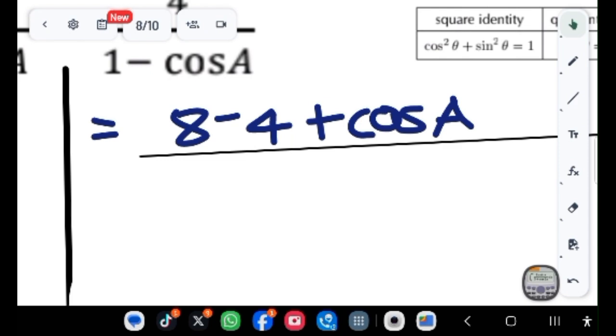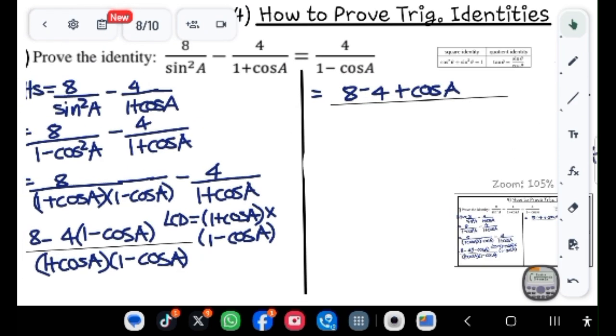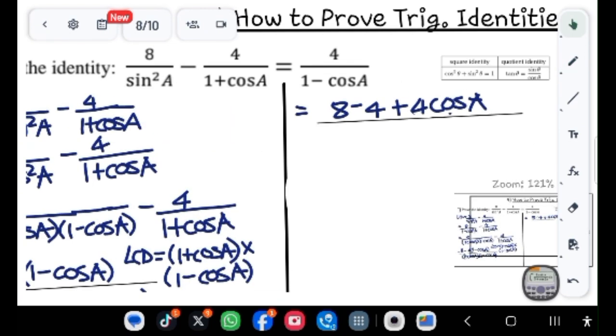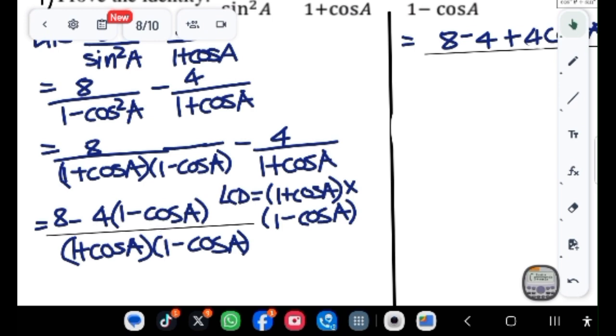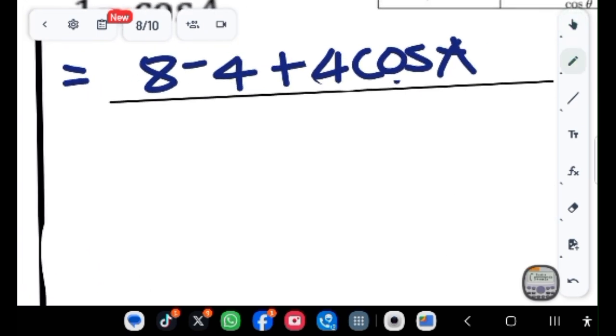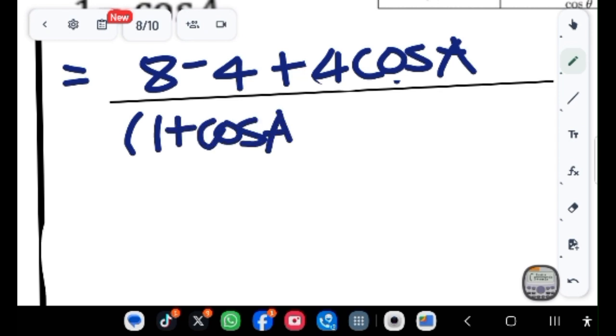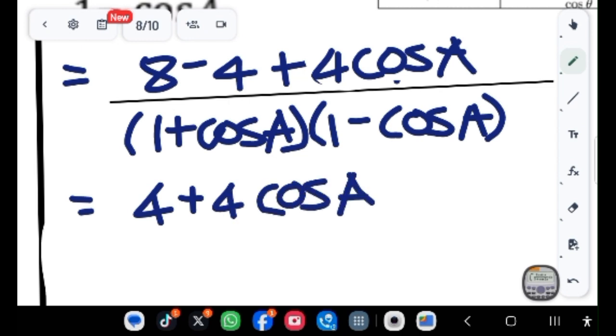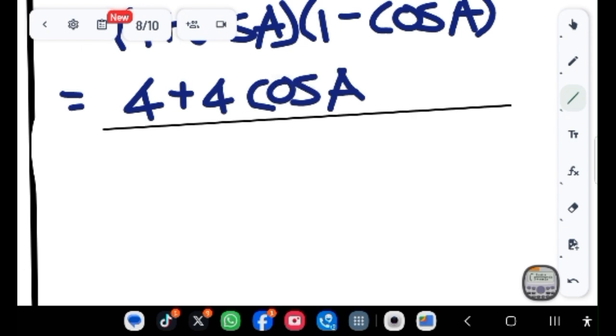That's 4 times cos of A, sorry. Make sure you don't make these silly mistakes here, because that could change a lot of things. And then at the bottom we have 1 plus cos of A times 1 minus cos of A, which is equal to 8 minus 4 is 4 plus 4 cos of A. Notice that the numerator can already be factorized there.